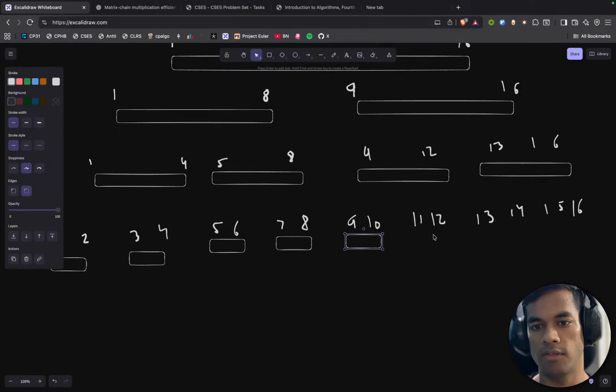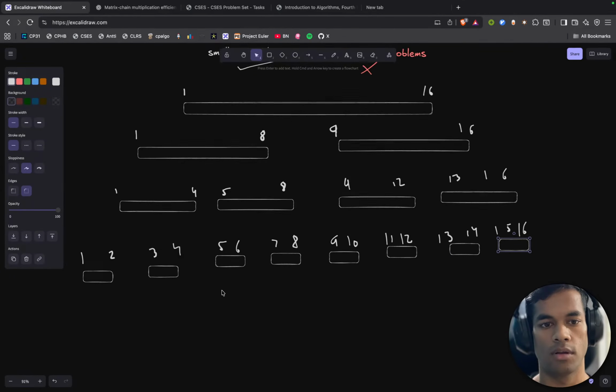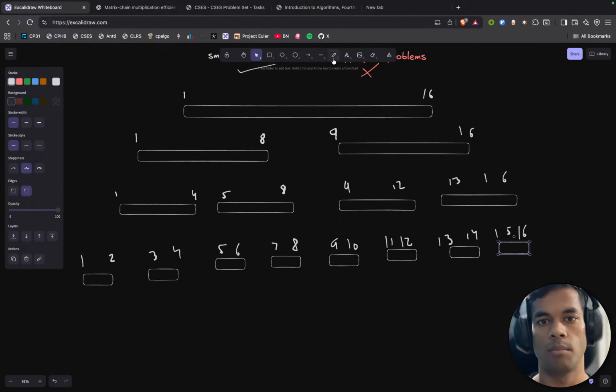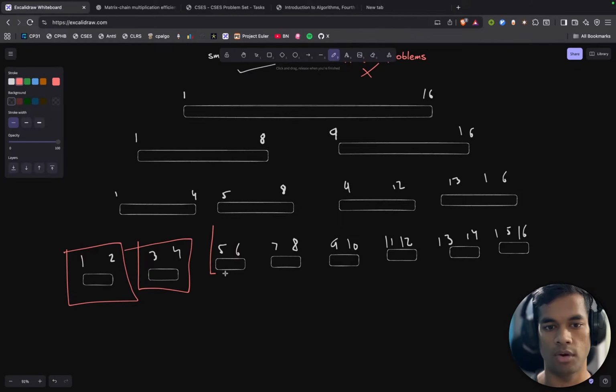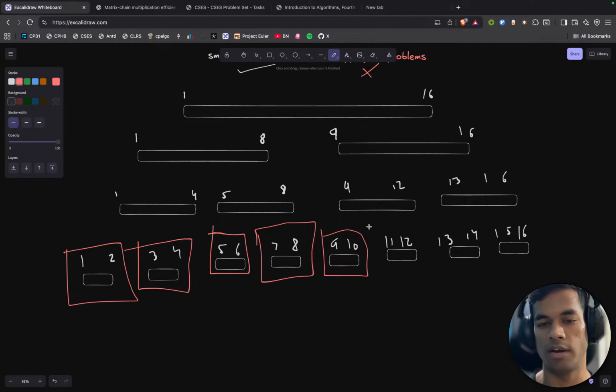And here we can see at this point we have hit our base cases. But the reason memoization fails here is that these base cases are independent.